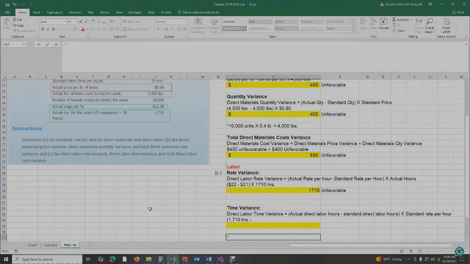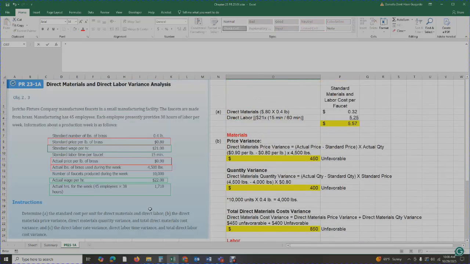Now, for my standard direct labor hours, the problem says that we are making 10,000 faucets per week. According to my standard labor rate, it takes me 15 minutes to make each faucet. So I'm going to multiply the number of faucets times the time it takes me to make the faucets.